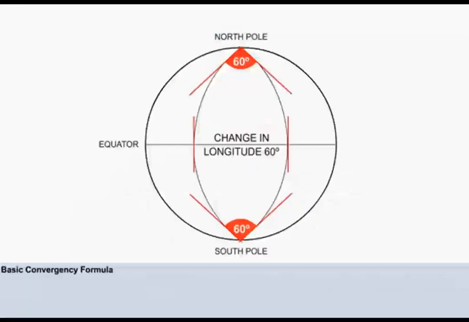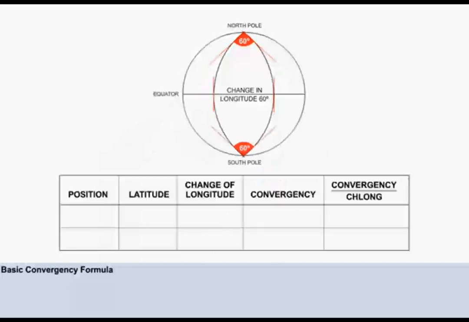We can derive a formula to calculate convergency. In order to do this, we will start by comparing convergency at the equator and at a pole. Let's choose 2 meridians 60 degrees apart and draw up a table. The positions we shall choose are the equator and a pole. Latitude at the equator is 0, and latitude at a pole is 90 degrees.